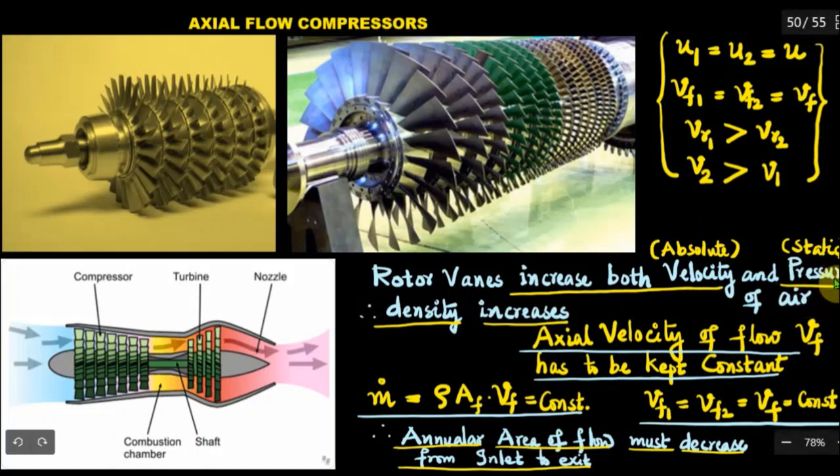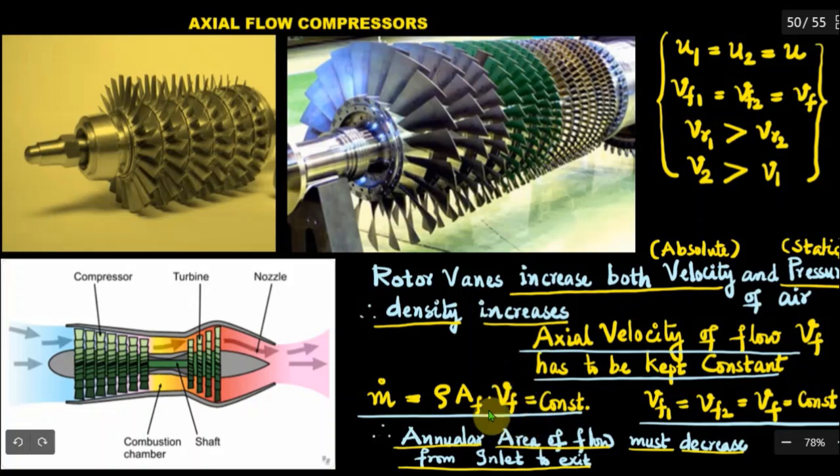We are talking about flow over the rotor vane. Since the pressure increases, definitely density also will increase along with that. And as you know, mass flow rate is equal to rho into area into velocity. But remember here, the velocity under consideration is the axial velocity component.